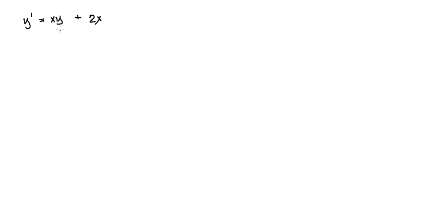Our notation here is in terms of prime, but we can also transpose it into another notation, which is in terms of dy and its independent variable x, because we have x terms here. So we have dy over dx is equal to xy plus 2x.